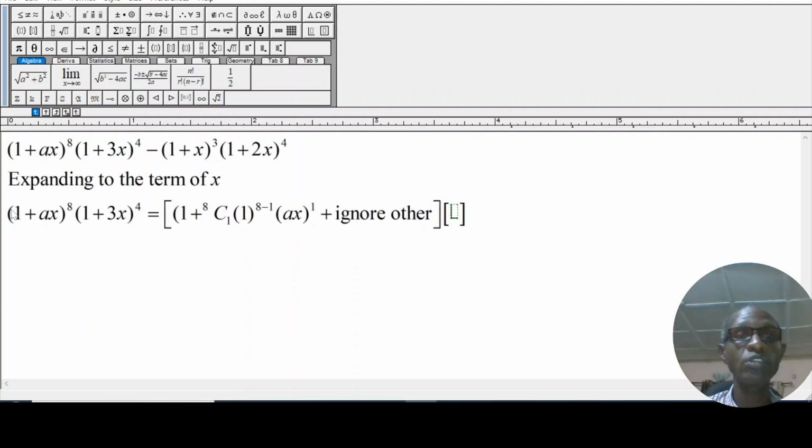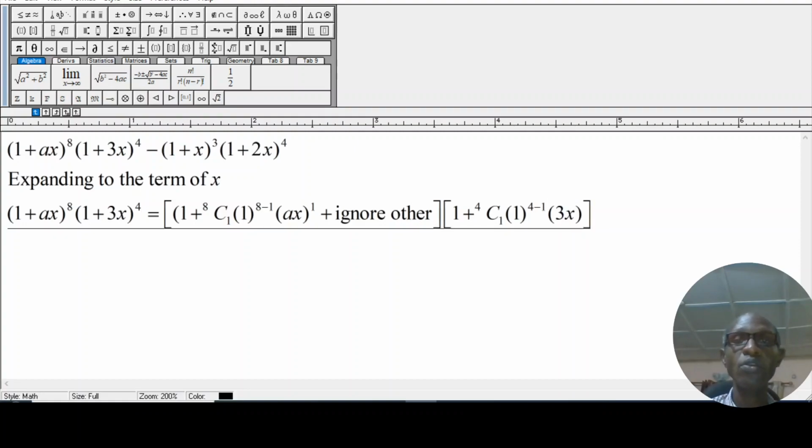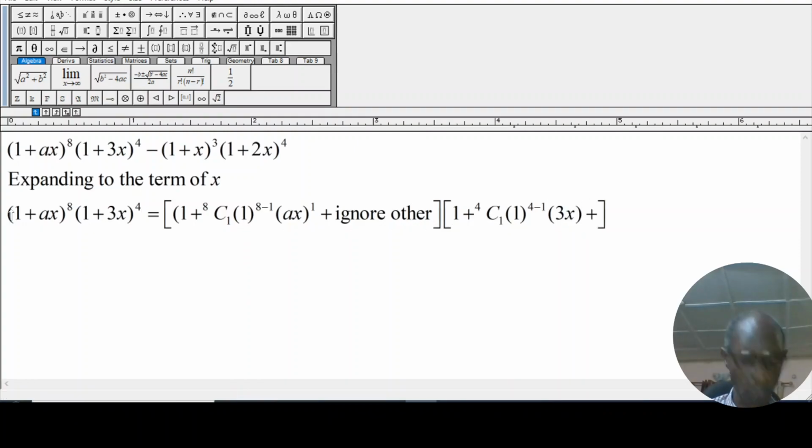For the next one, we have 1 plus 4 combination 1 into 1 raised to the power of 4 minus 1, then 3x. We're going to ignore the others also.